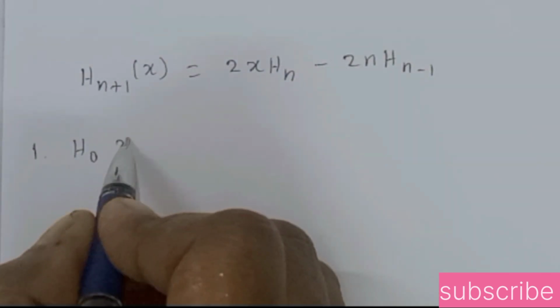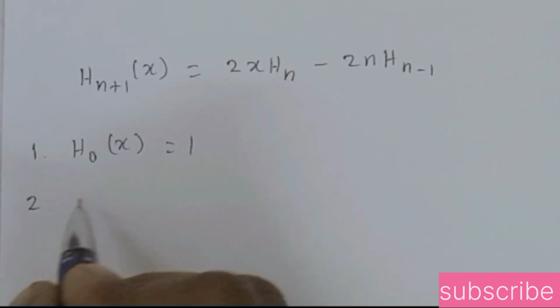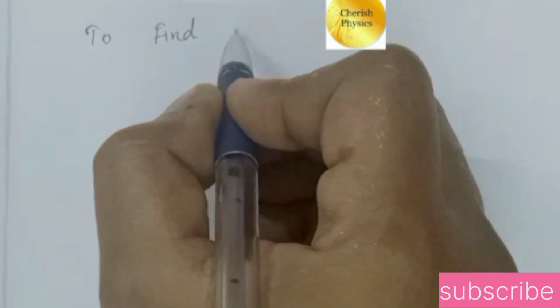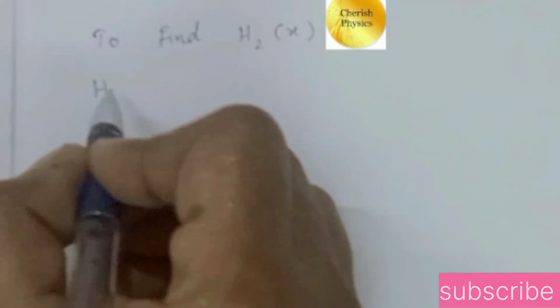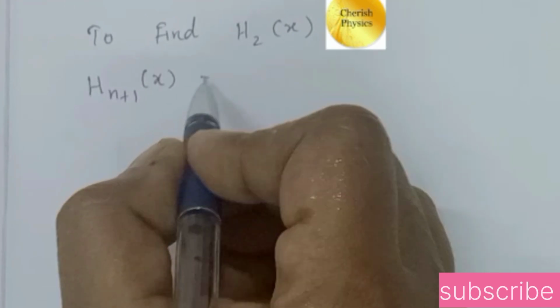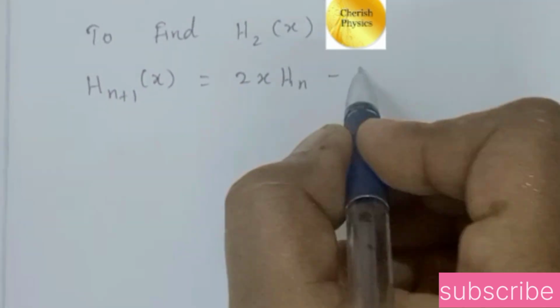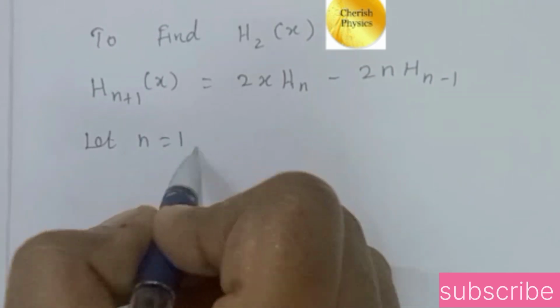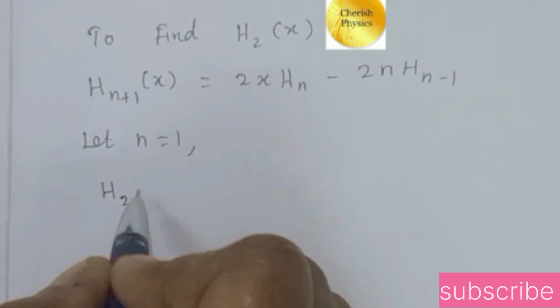H0 of x equal to 1, H1 of x equal to 2x. Let us find H2 of x. Use the equation Hn plus 1 of x equal to 2x into Hn minus 2n into Hn minus 1. Let n equal to 1 and substitute this in the above equation.